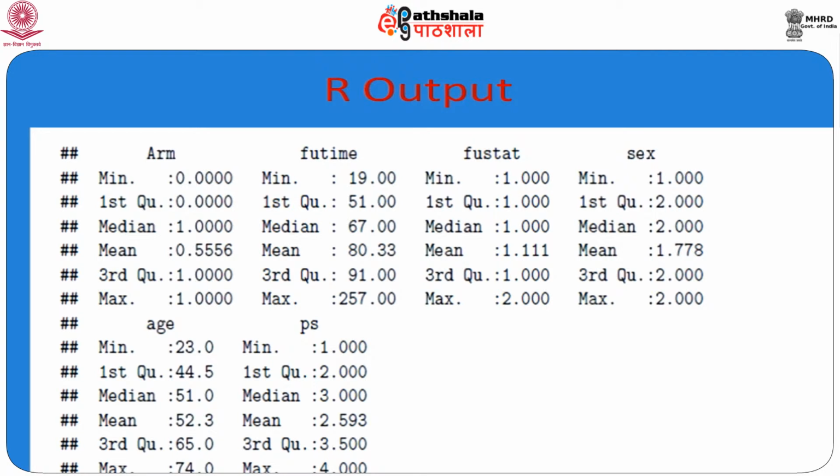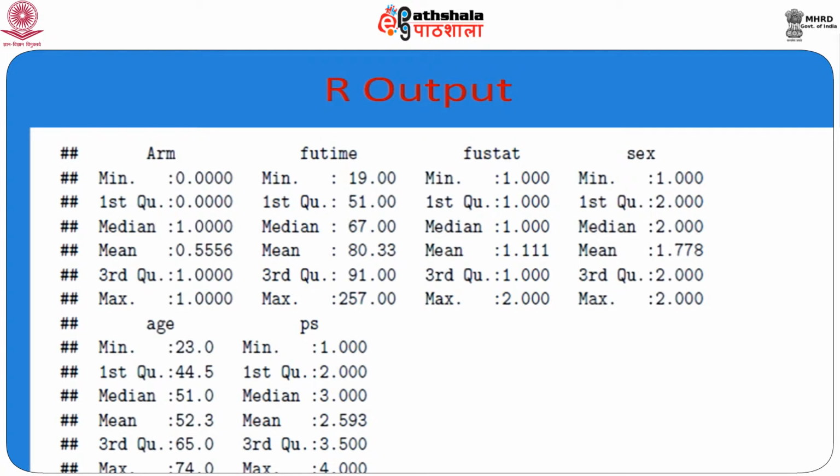Since the status is a dichotomous variable, there is no meaning in looking at the mean value here. Again, sex is also a dichotomous variable, so it is not meaningful to take the mean. Age ranges from 23 to 74 years, so the minimum patient age was 23 years and the maximum was 74 years, and performance status is given as 1 to 4.